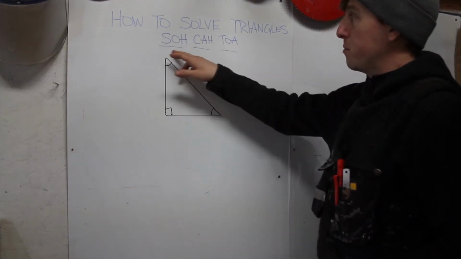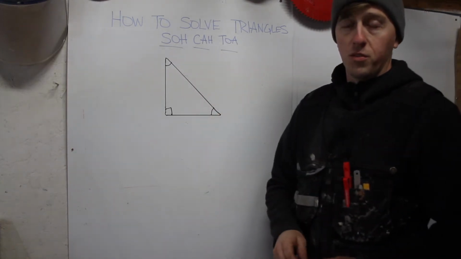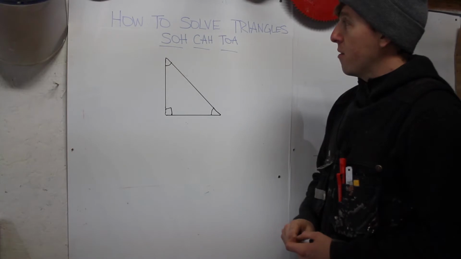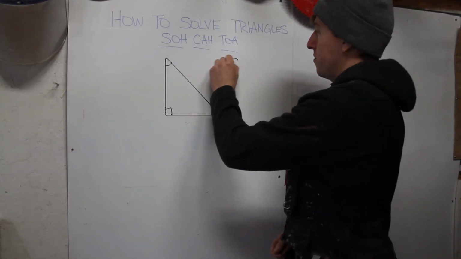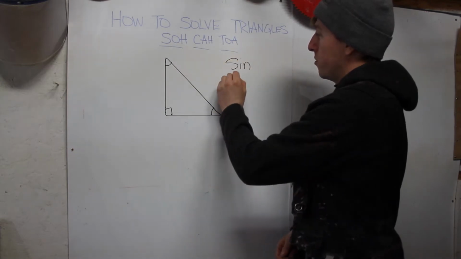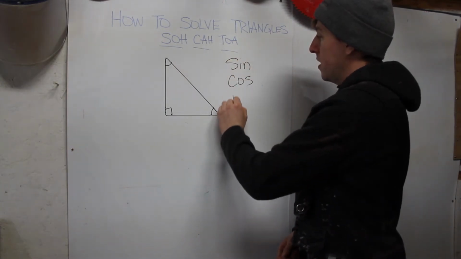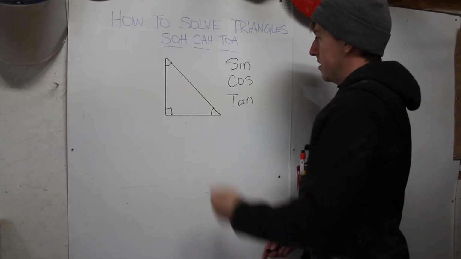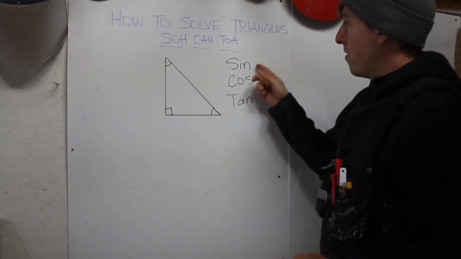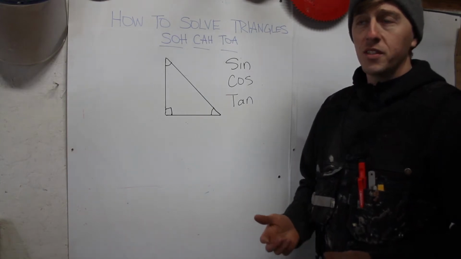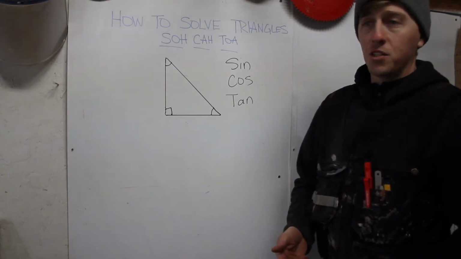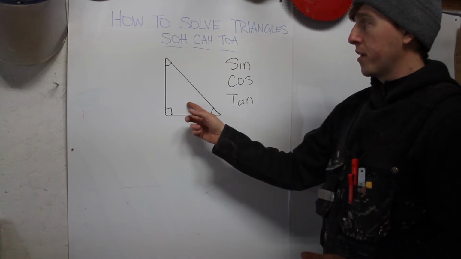To start off, to break down what this word actually is, there are three different functions on your calculator. There's the sine function, there's the cos function, and then there's the tangent function. These basically all do very similar things for our purposes, but you use them in different applications to solve a triangle.